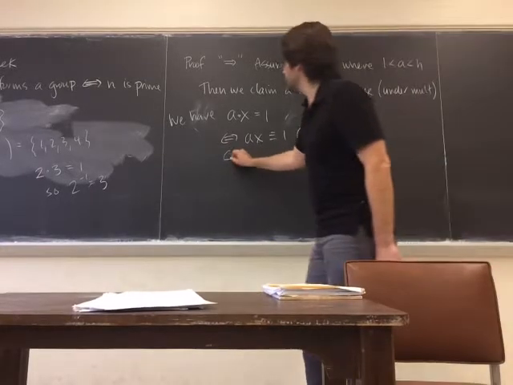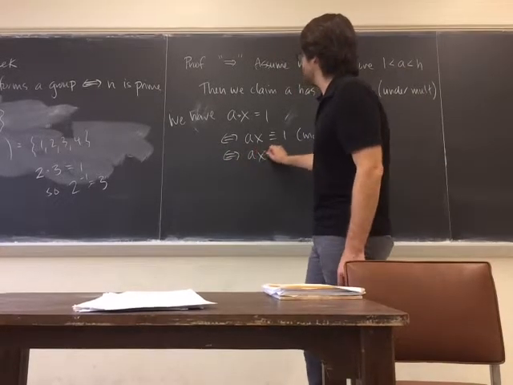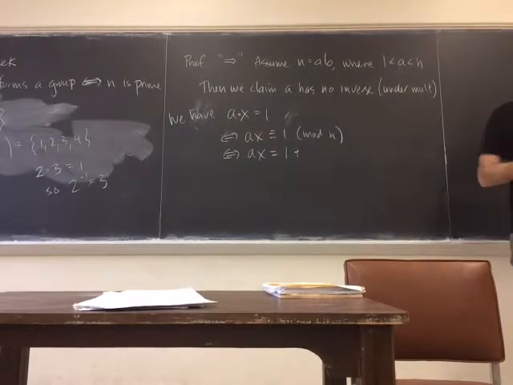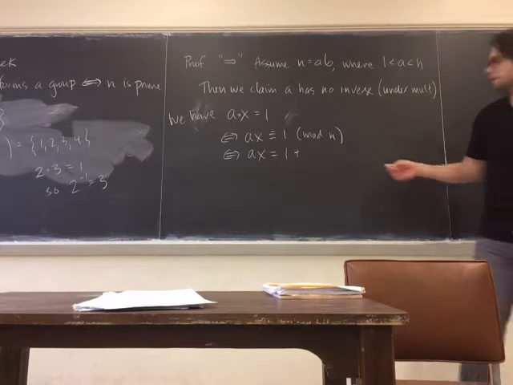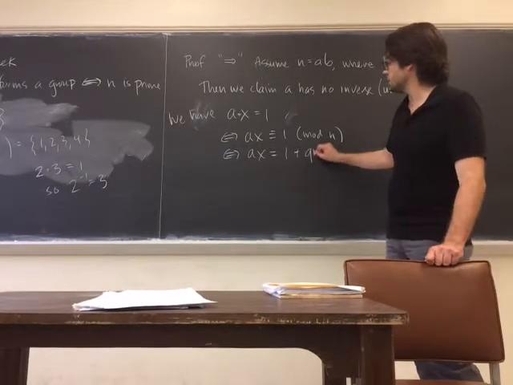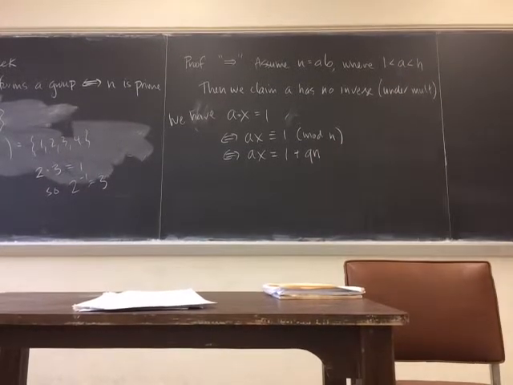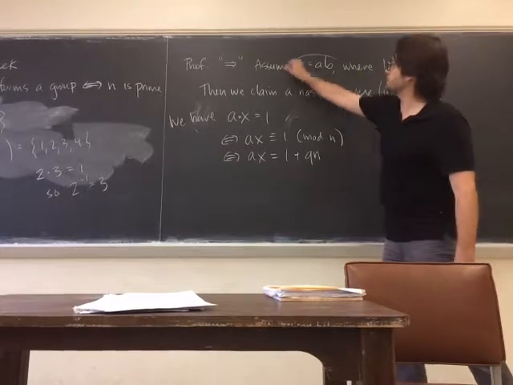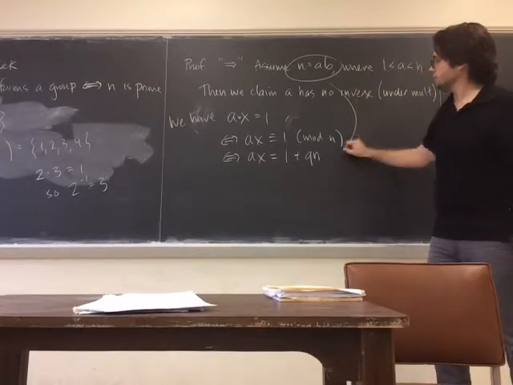And what does it mean to say that you're equivalent to 1 mod n? It means you're equal to 1 plus some multiple of n, say qn. Now we're going to use the fact that n is ab. So let's pull this down here.